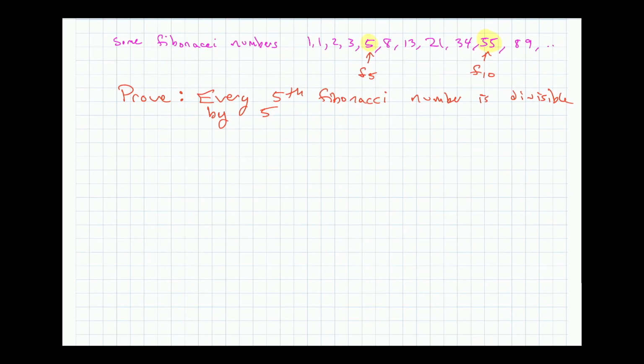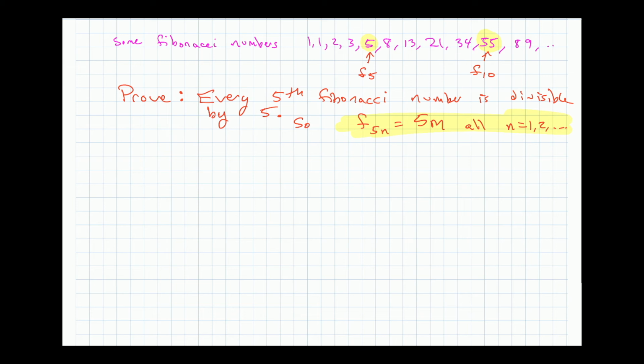I think the way the book would probably write it is something like this. So f5n is equal to 5 times some integer. So I'll say like m for all n. That's probably how you would say it. Right, so f5n equals 5m.